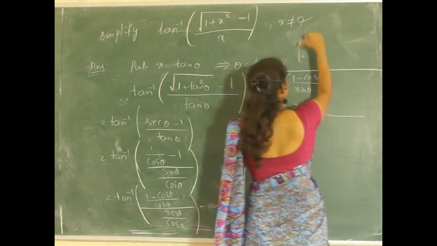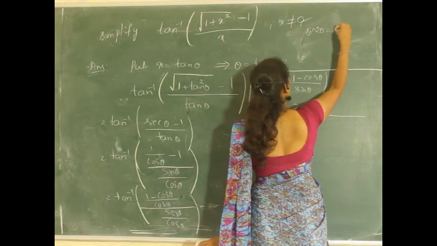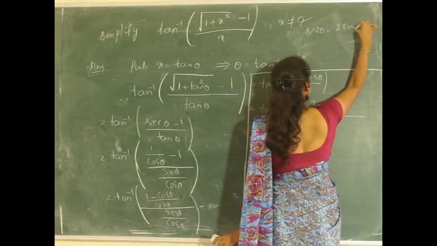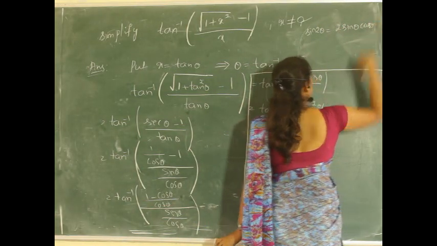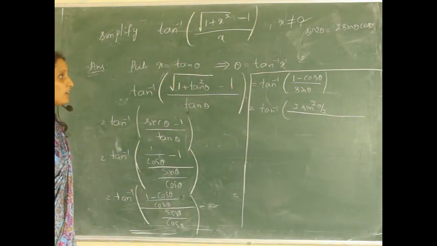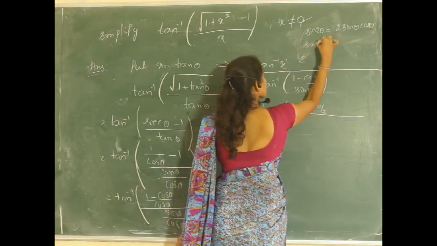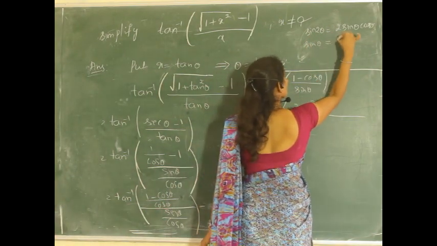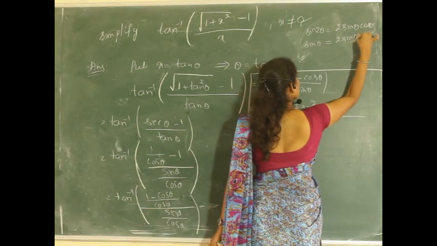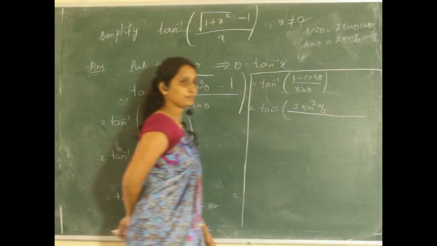We have one more result. Sin 2 theta is equal to 2 sin theta cos theta. So if it is a half angle, we are getting sin theta only. Sin theta is equal to 2 sin theta by 2 cos theta by 2.